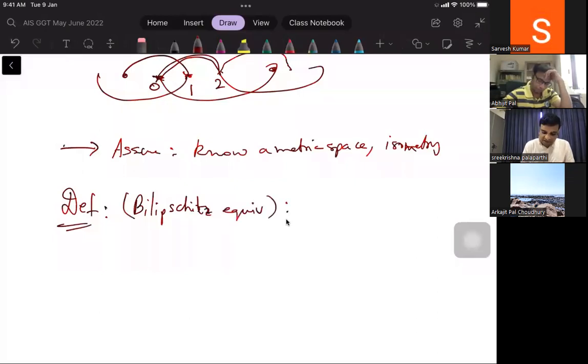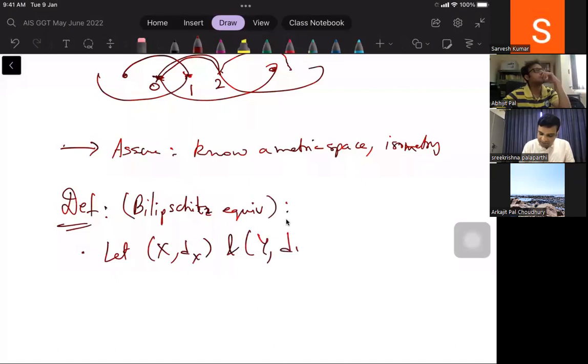Equivalence. So firstly, let (X, d_X) and (Y, d_Y) be two metric spaces. Okay.